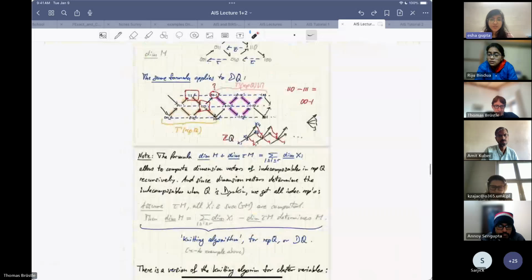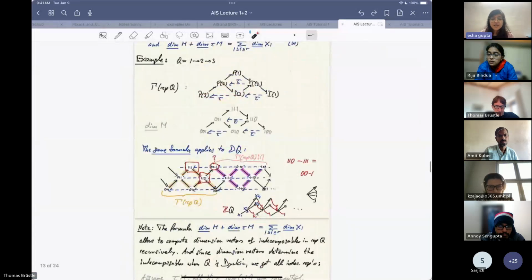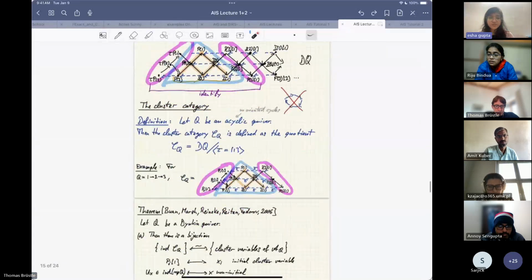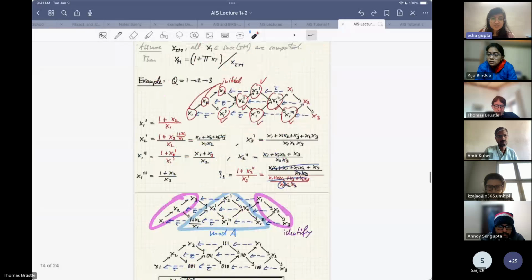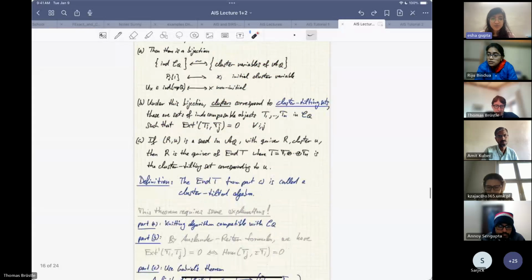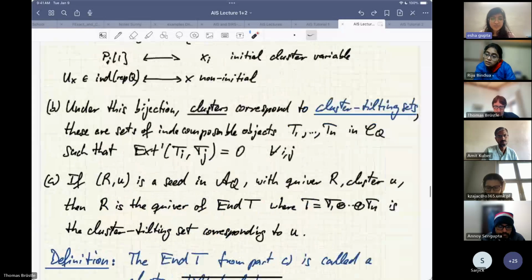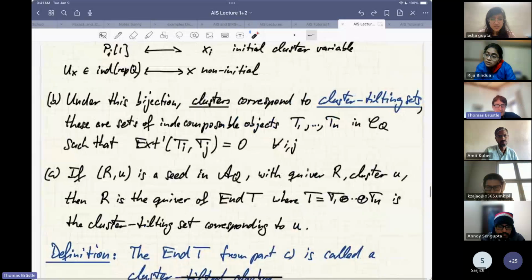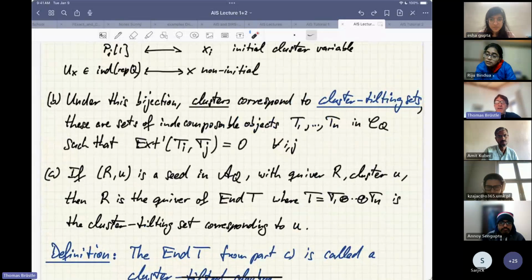I know you take the copy of the module category and you add the shifted projectives, but then it doesn't come through the theory of repetitive quivers, I believe. Yes. The theorem of repetitive quivers only works for the Dynkin quivers. And the derived category in general is still made of shifts of the category of representations.